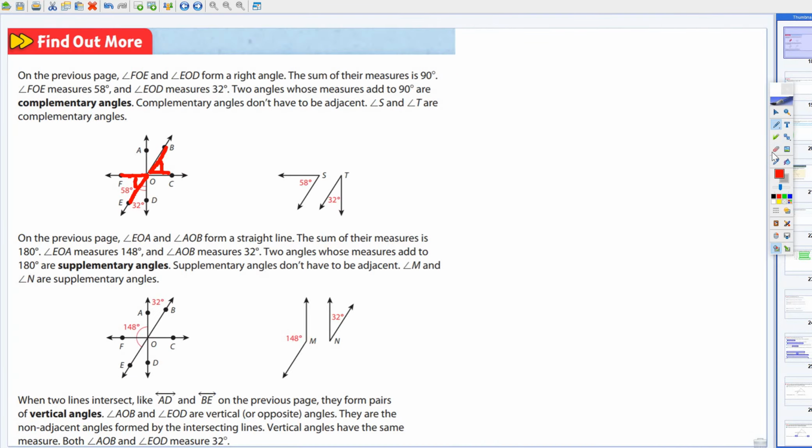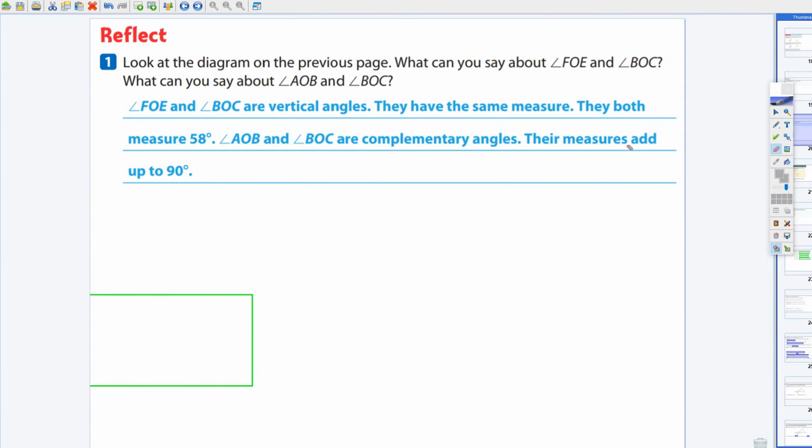Angle AOB right here, and angle BOC right here. Can you see that? They form 90 degrees. Their measures add up to 90 degrees. We just showed you.